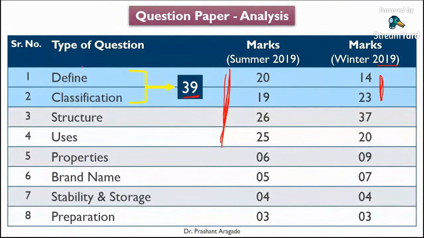If you see, definition, classification, structure, and uses mostly contain more than 80 marks, including options. No doubt, because we are students, and sometimes we forget to write something during examinations. But you have to study it very effectively.